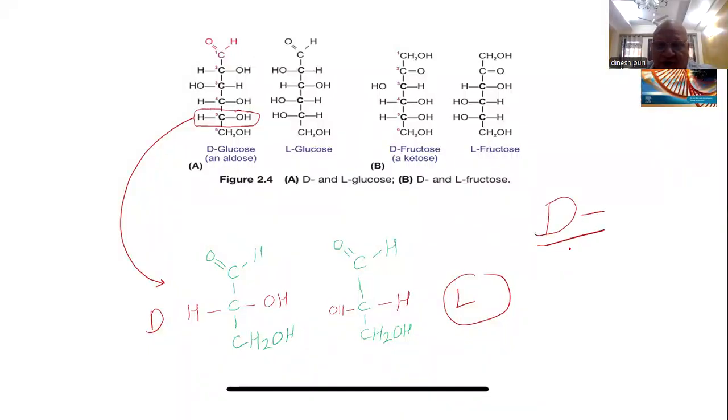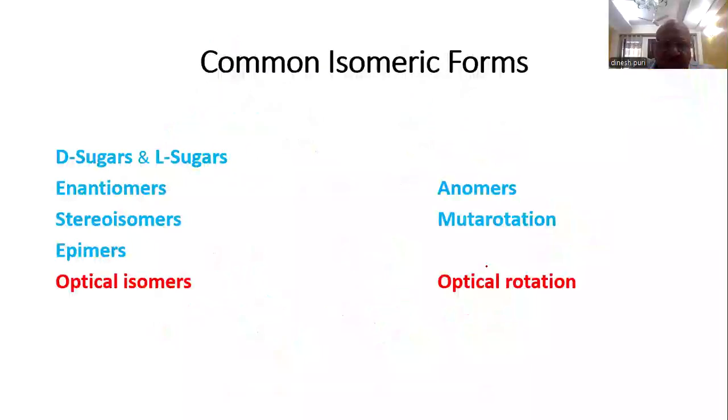D-glucose, D-fructose, and all the enzymes act only on the D form, not on the L form. All right. So we have considered these two, D and L. They are also called enantiomers. And as we found, enantiomers, the D and L mirror images, do not differ from each other in chemical or physical properties.